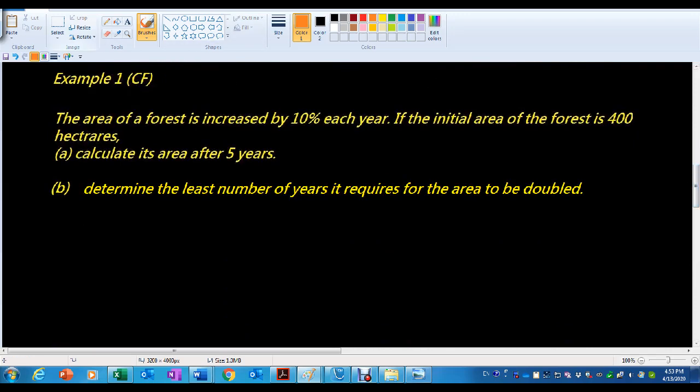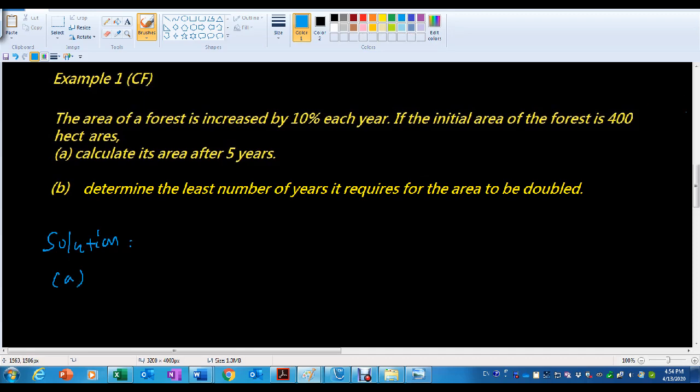Let's do one example. In this example, the area of a forest is increased by 10% each year. If the initial area of the forest is 400 hectares, calculate the area after 5 years.